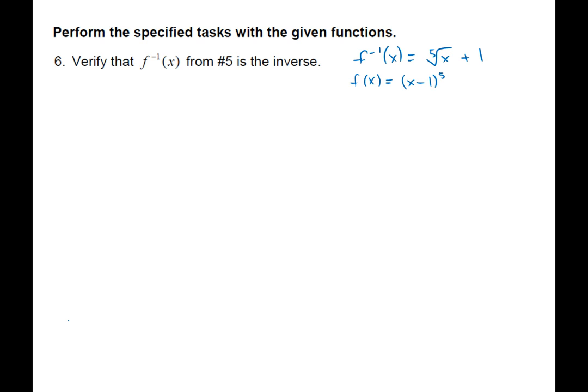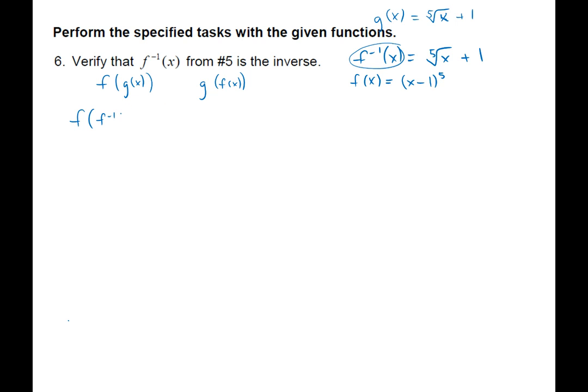So in order to verify that f inverse is the inverse, we have to do what we call f of g of x, and g of f of x. And we did it mostly with g's, but this is the same thing. If it bothers you that it says f inverse, you could just make a note to yourself that's the same as saying g of x and just rename the function so it's a little easier. That's fine. Otherwise, what you're doing is the same thing, just using f inverse.